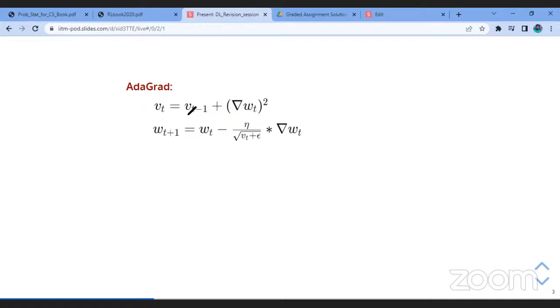One possible confusion that I observed is that most of the time you get confused, and sometimes we have no other option. Either we can start the iterations from t is equal to 0, or we can start from t is equal to 1.